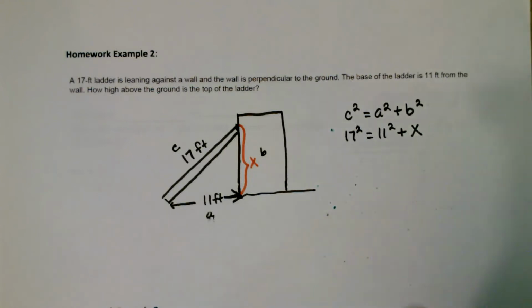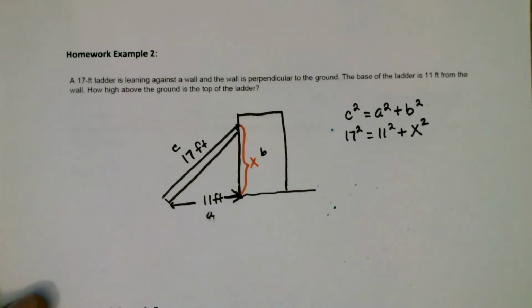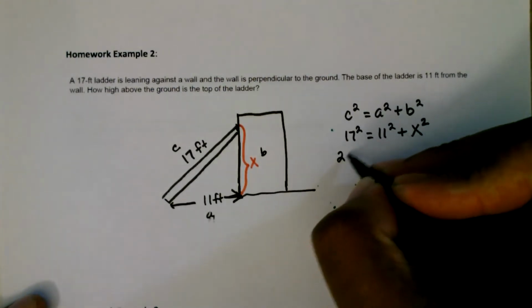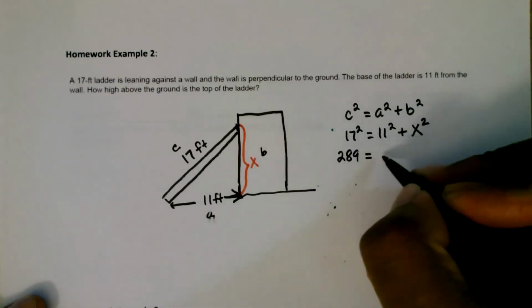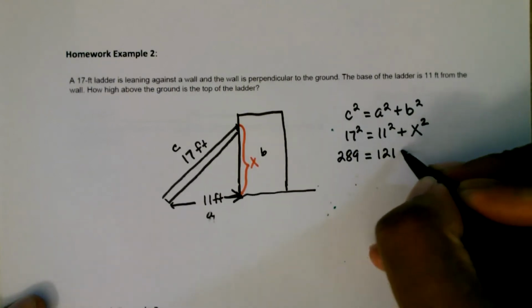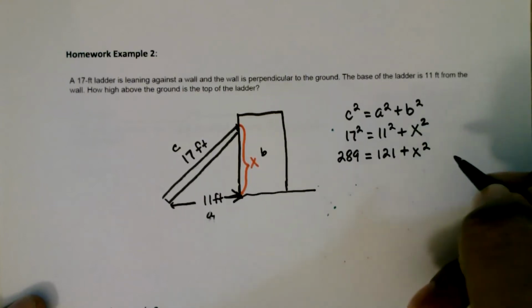Now let's simplify this equation by finding out what X is. And this needs to be squared, by the way. 17 squared is 17 times 17, or 289. And that's equal to 11 squared, or 11 times 11, that's 121, plus X squared.